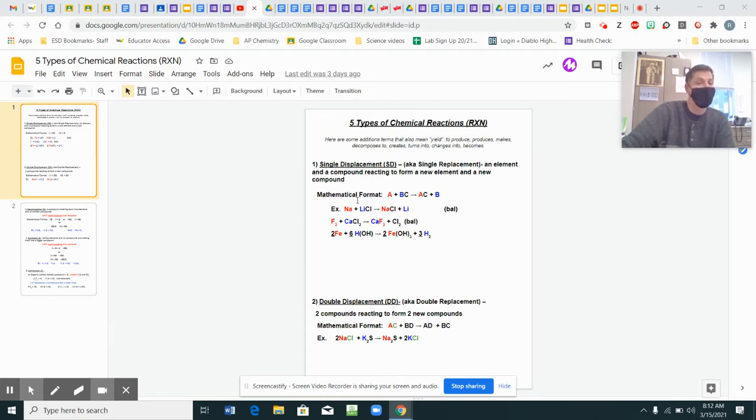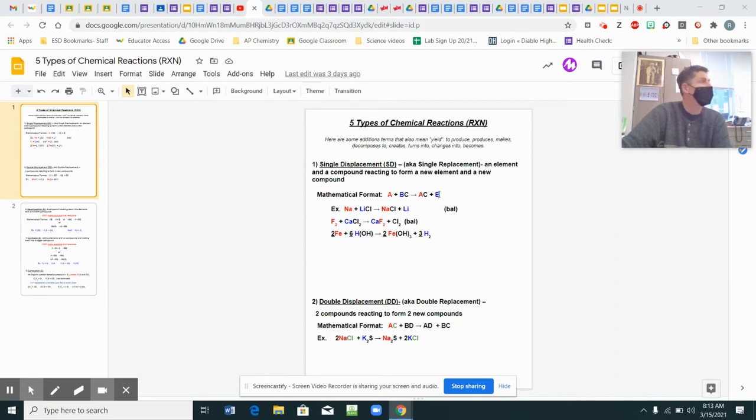So if you're looking for a mathematical formula, you're going to have A plus BC. So an element plus 2 or more capitals, so we've got a compound. Yield, so producing AC, a new compound created, plus B. So we have a new element by itself, a new capital by itself. So I've created a new thing plus another new thing.